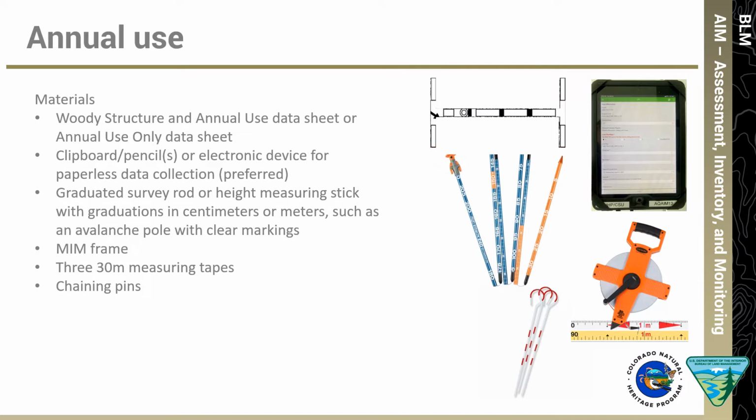The materials needed to conduct annual use sampling are the woody structure and annual use datasheet, or the annual use only datasheet, a clipboard and pencil or an electronic device for paperless data collection, which is preferred, a graduated survey rod or height measuring stick with graduations in centimeters or meters, such as an avalanche pole with clear markings, a MIM frame, which is the eye-shaped quadrat frame shown in the top middle of this slide, which is 50 centimeters long by 42 centimeters tall, and typically made of half-inch PVC pipes and couplers.